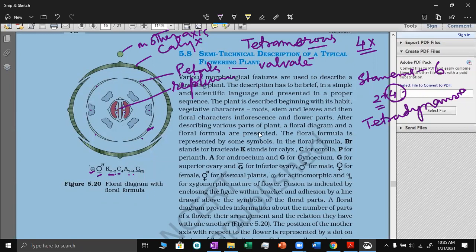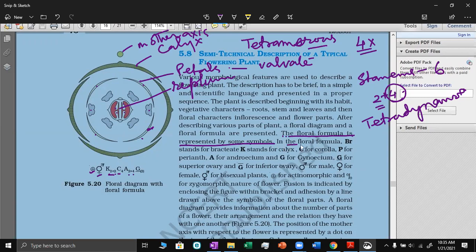From this, for drawing the floral diagram, you have to learn this. Floral formula is represented by some symbols.